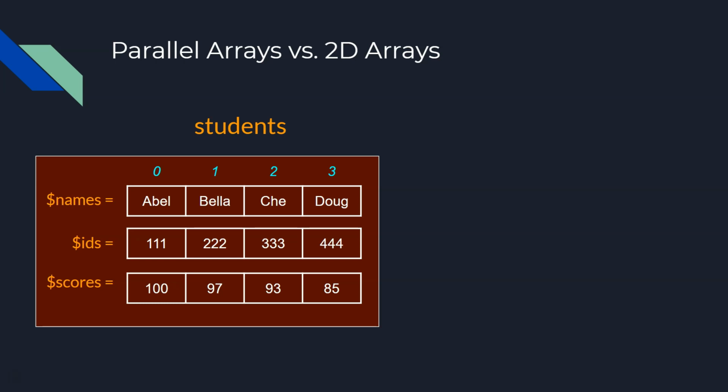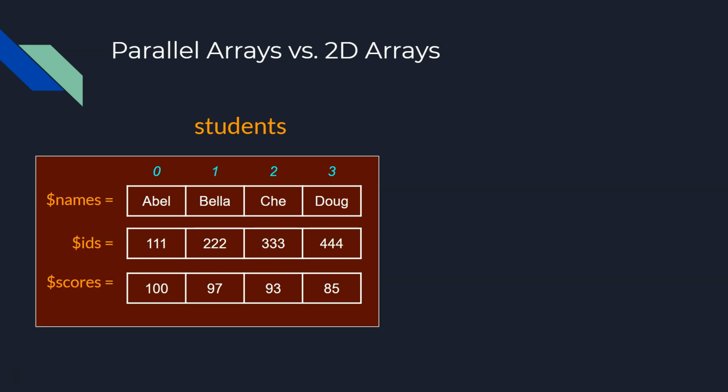Before I go further, what if I have other arrays to store their classes, what test the grades are from, what school they're from, their phone numbers, emails, and so forth? I have a lot of arrays to deal with.